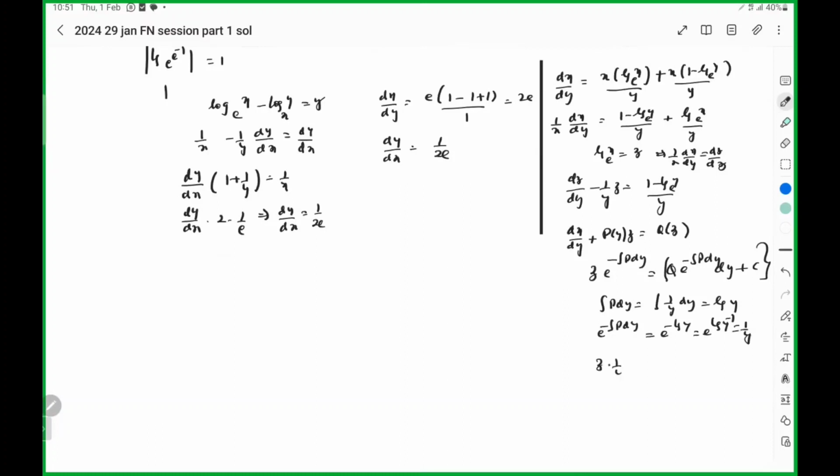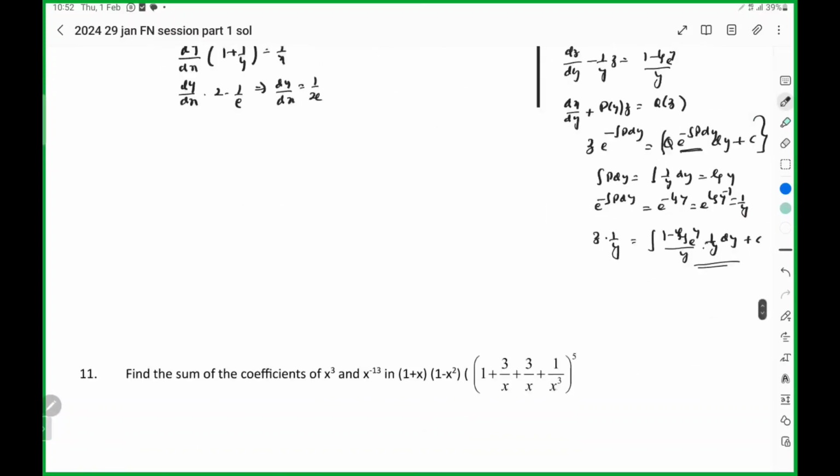So z into 1/y equals integral of (1 minus log y to the base c) into, in place of Q, e power integral P dy, we'll write 1/y and then integrate it. You integrate this, you get the required answer.